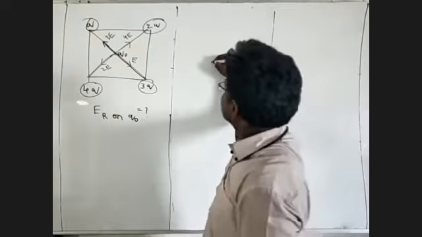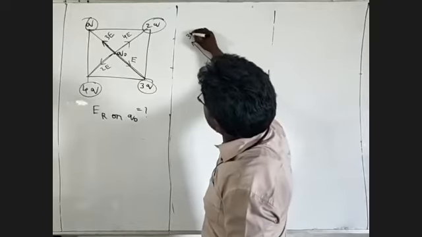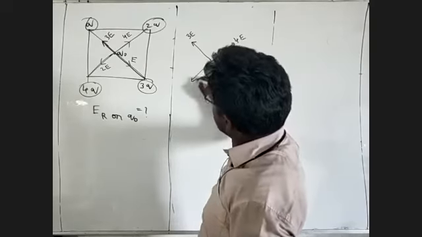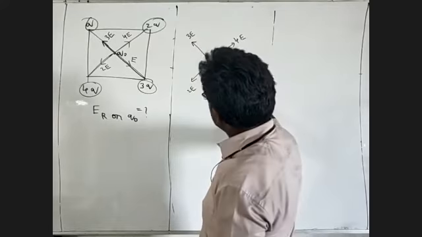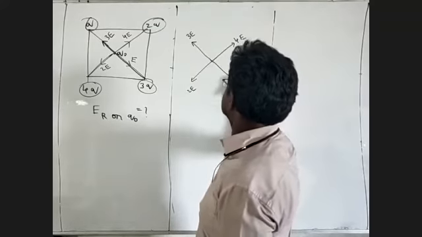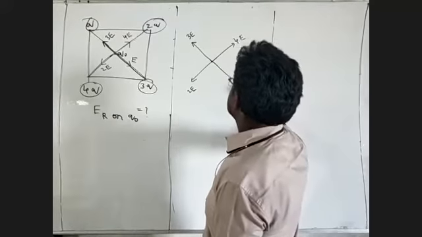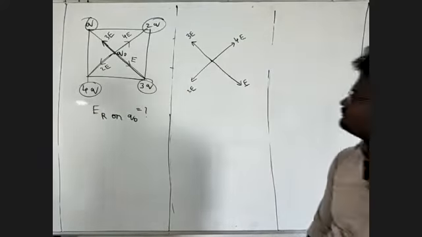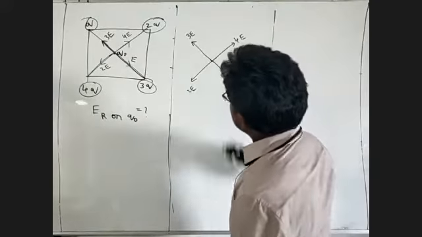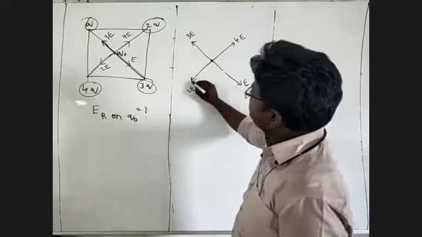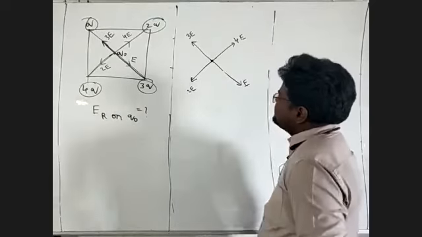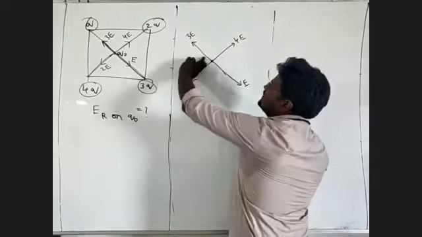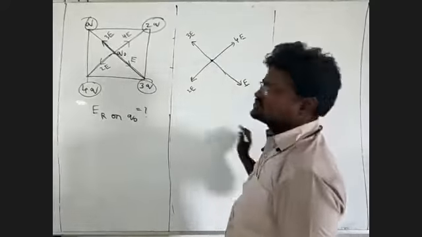Now take out: this is 3E, this is 4E, this is 2E, this is E. Now you will see this 3E is in the upward direction, this E is in the downward direction.